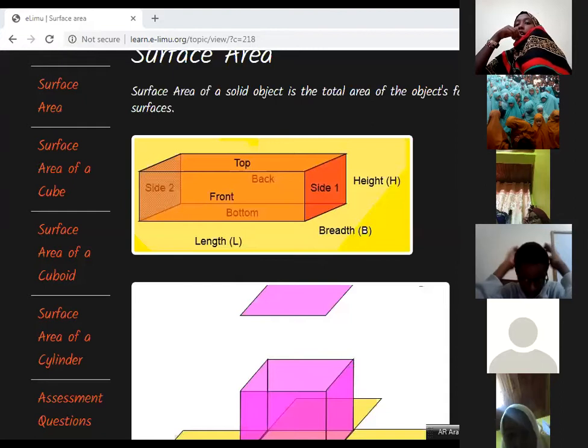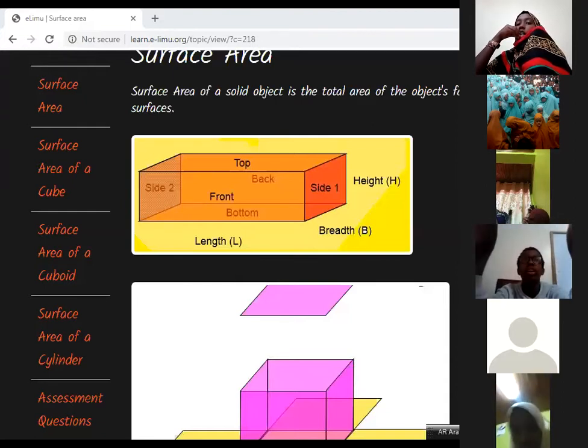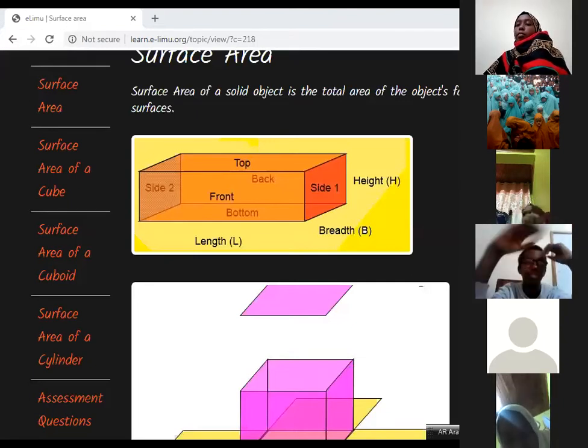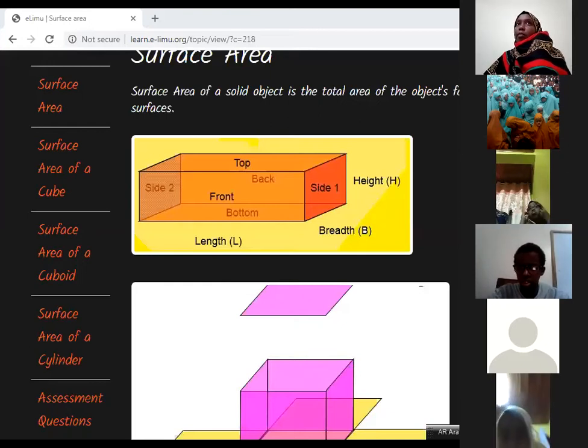It means you are not there. Zamzam Mohammed? Yes, teacher. Sumaya Mohammed? Yes, teacher.